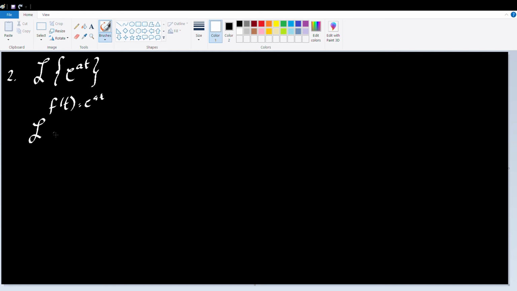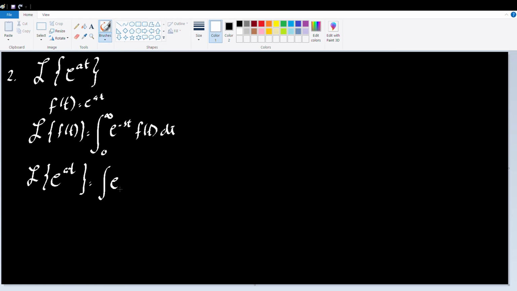So the Laplace transform of f of t again by the definition is e to the negative st f of t dt from 0 to infinity. So the Laplace transform of e raised to at is equal to the integral of e to the negative st e to the at dt from 0 to infinity.